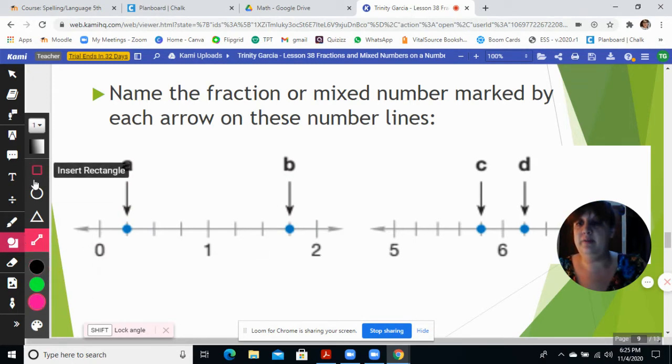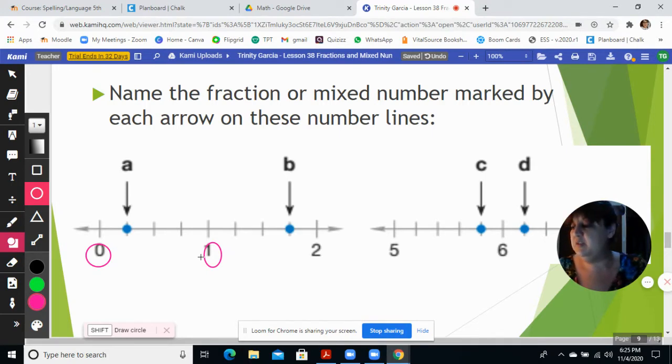Between 0 and 1. So let's circle those so we remember what we're talking about. So it is named by a fraction and not by a mixed number, because it doesn't even get to a whole number. It's not all the way to 1 yet, so it can't be a mixed number. It could only be a fraction.